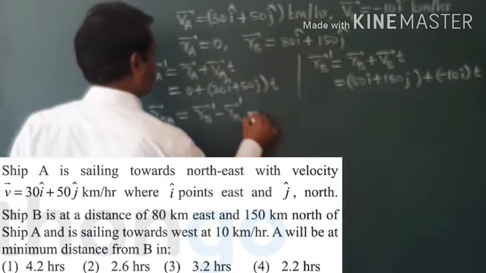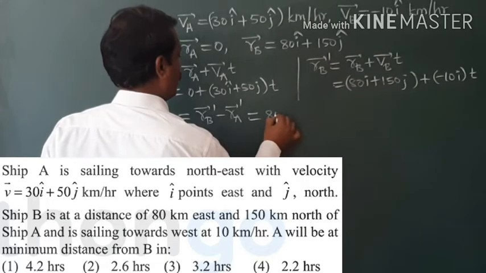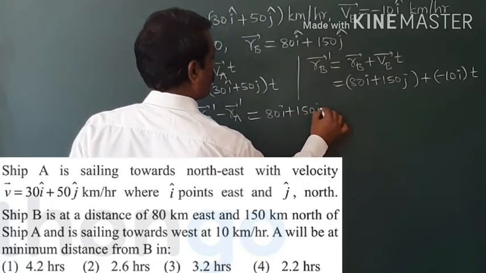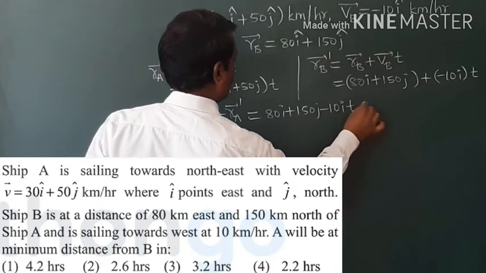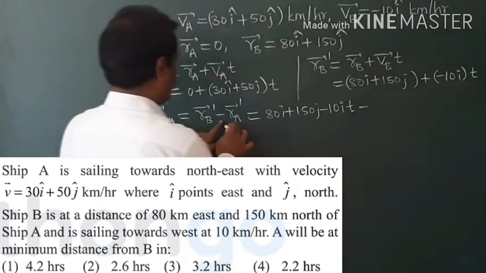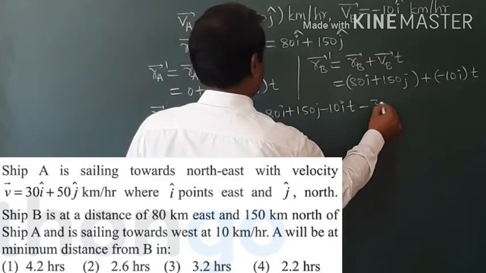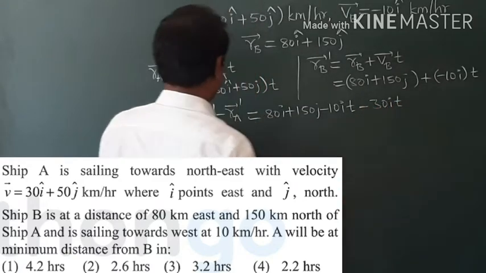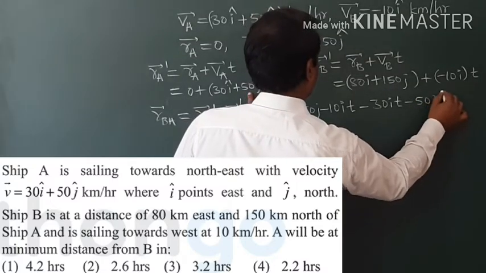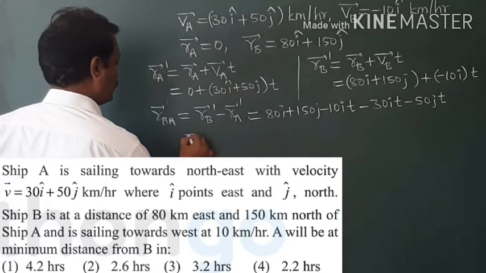That is equal to RB dash, which is this one, 80i plus 150j minus 10i t, then minus RA dash. RA dash is 30i t plus 50j t, so minus 30i t minus 50j t.